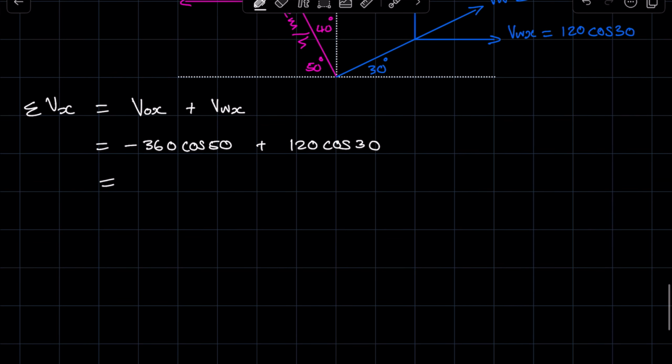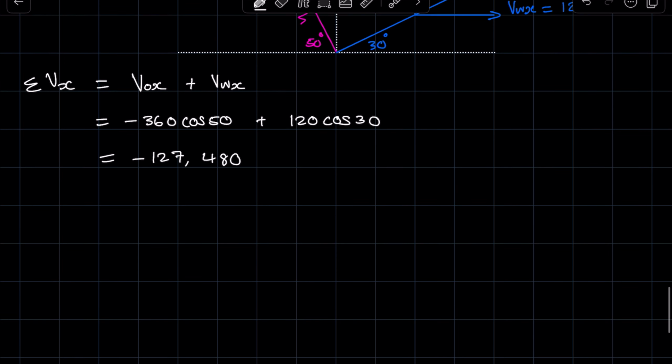If you punch this in your calculators, you're going to get negative 127.480. Maybe not write the kilometers here. Seeing that this is negative, that speaks to the direction this vector is going. The negative is basically telling us that the sum of vectors in the x direction is going in a westerly direction.